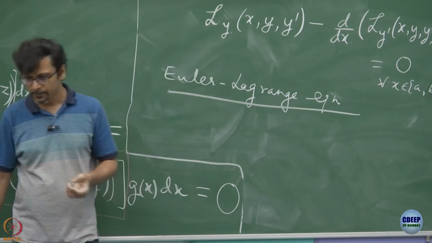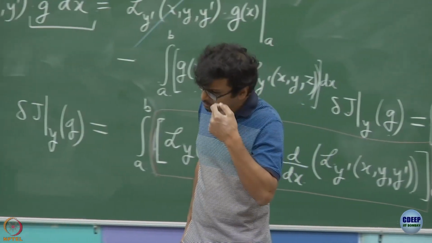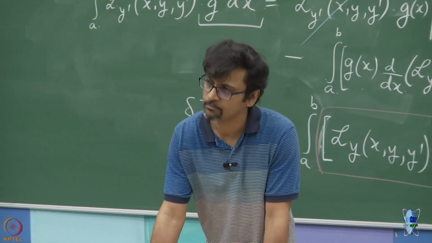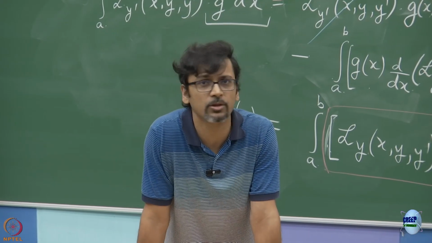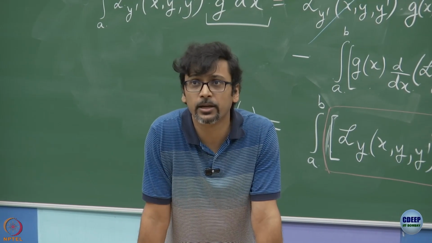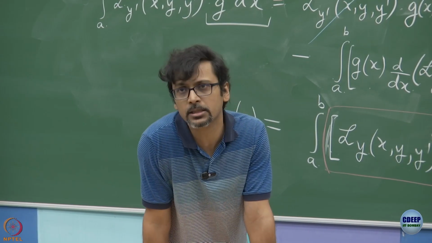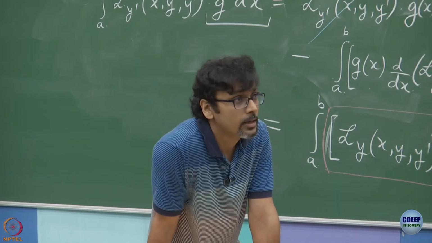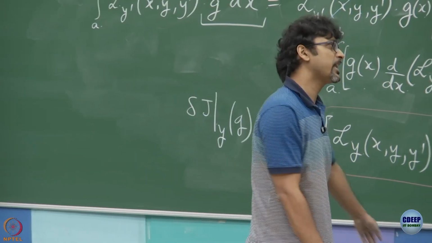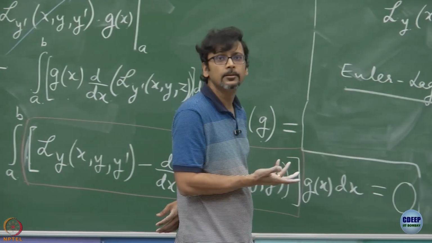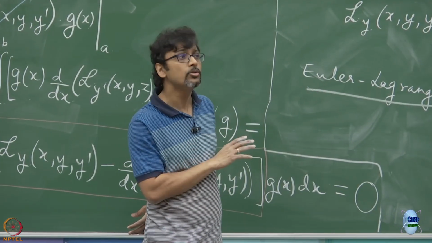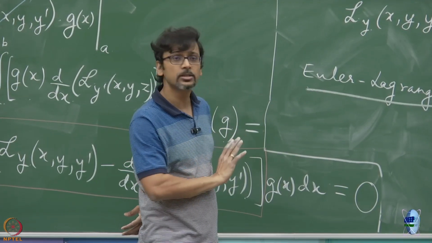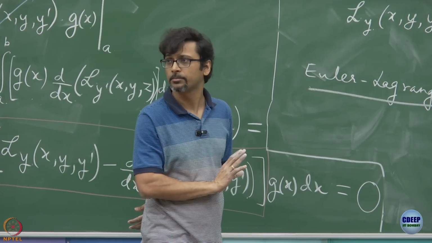Special case meaning when the Lagrangian does not explicitly depend on x. Of course, implicitly, because y is a function of x, it depends on x. But if the Lagrangian does not explicitly depend on x, can we say something special about this condition? And by the same token, if the Lagrangian does not explicitly depend on y, can we say something special about this Euler-Lagrange condition in that sort of a setup?